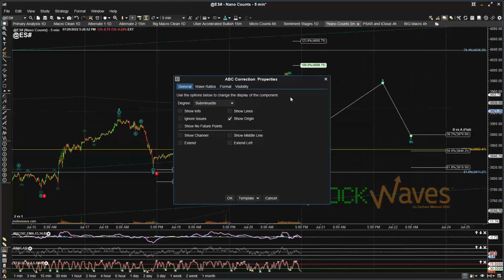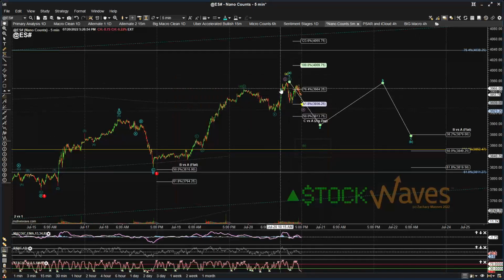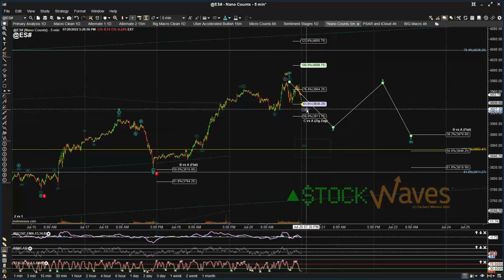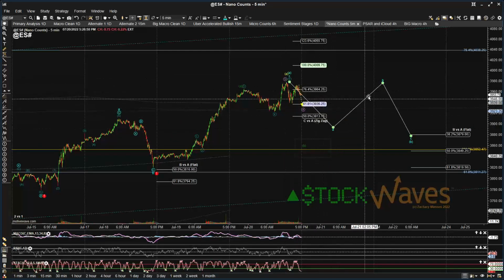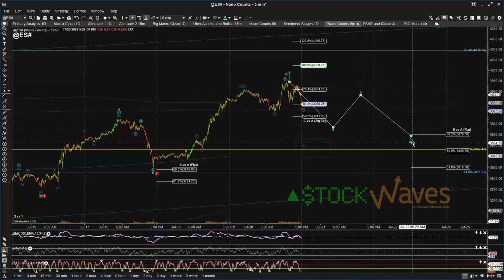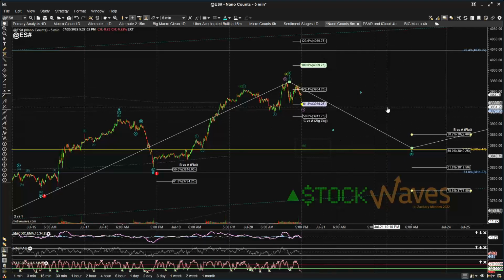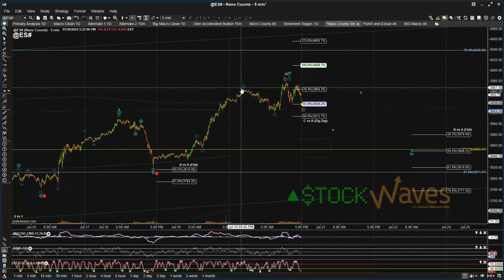And instead of this being a micro fourth wave, we could be starting the A as ABC for A, and then a B wave bounce, and then the C wave down for our parentheses B wave into that support. I'm going to get rid of that because we did get that higher high today.